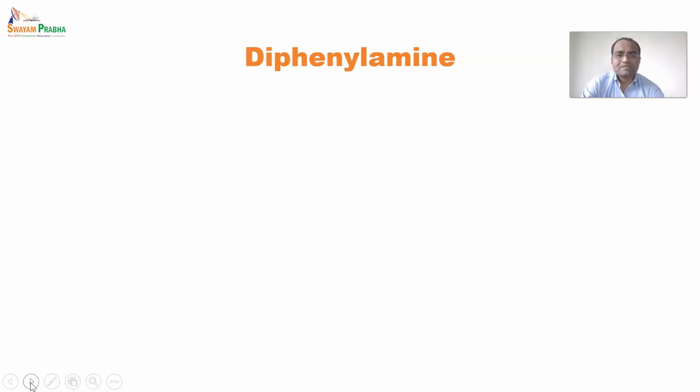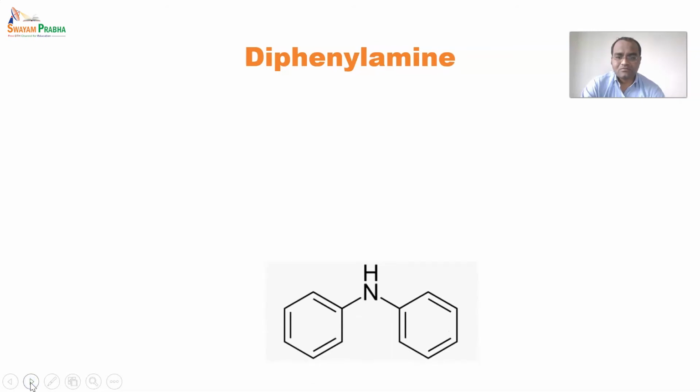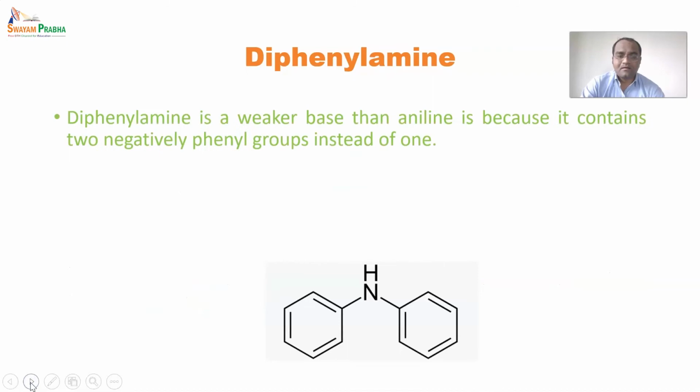We will come to one example, that is diphenylamine. The name diphenylamine itself indicates that it has two phenyl rings, and in between it has an amine. So it has such a structure. Now we'll learn about the basicity of diphenylamine.